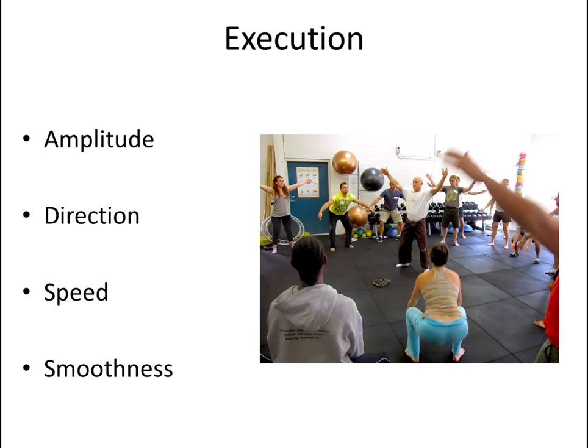Okay, this is important. We want to promote normal movement patterns. Just because a person is able to raise their arm over their head or go from sit to stand or walk across the room, are they doing it normally? Our job as therapists is to promote normal movement patterns.